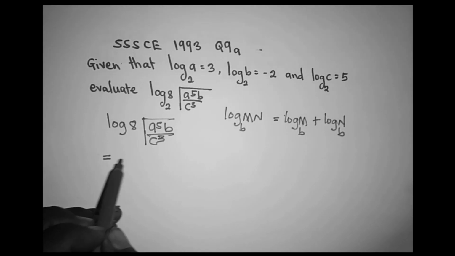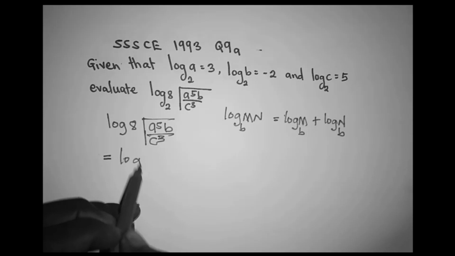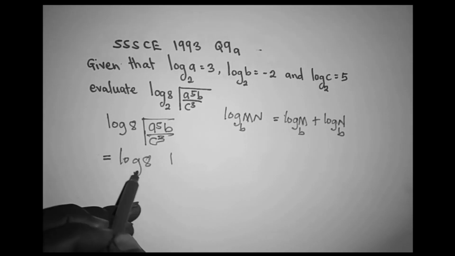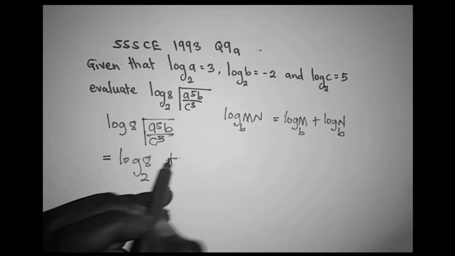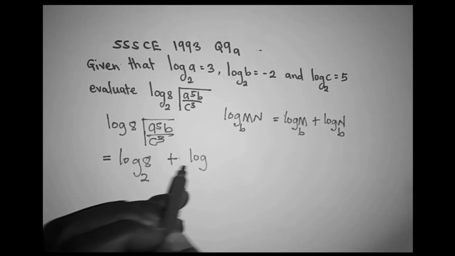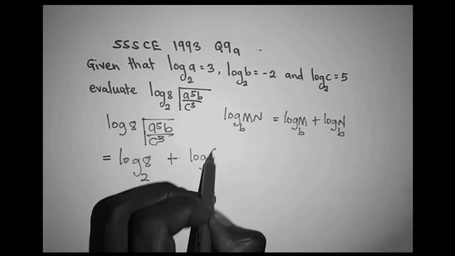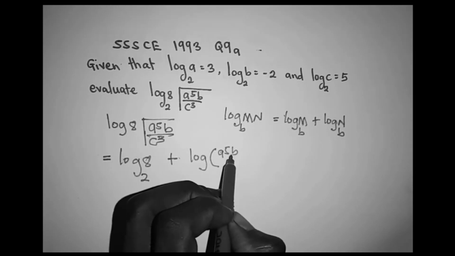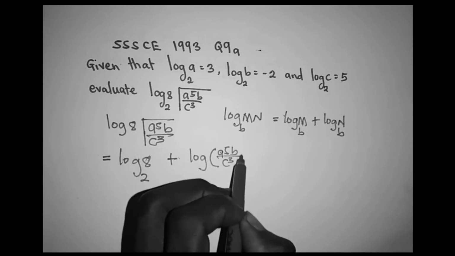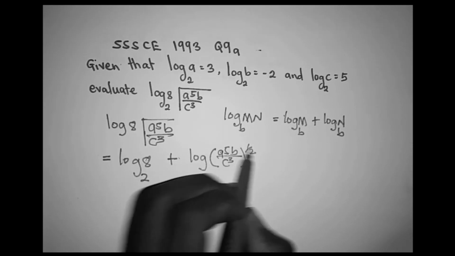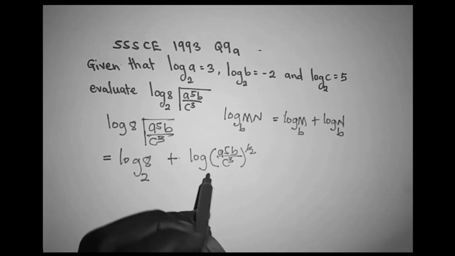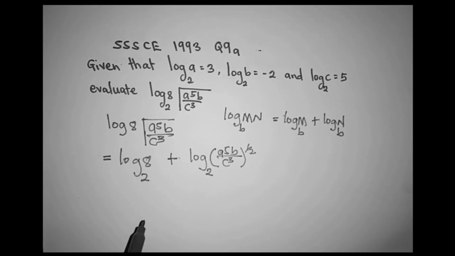So this then becomes log 8 base 2 plus log, let me write this as a exponent 5b divided by c exponent 3, all to the exponent half, because the square root of a number is the same as that number exponent half, base 2.